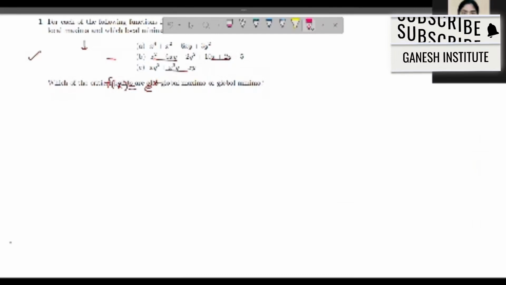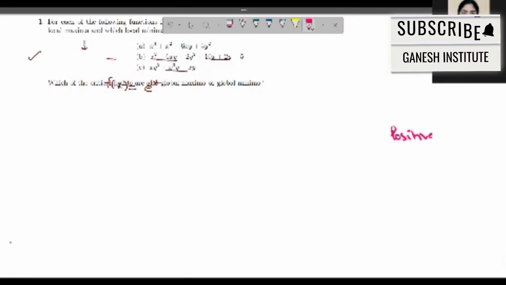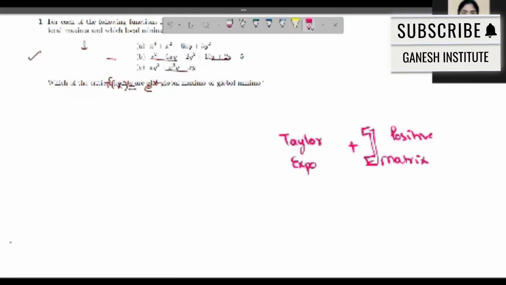We read positive definite, semi definite, indefinite, negative definite, all those concepts were related with the matrix. Now we are again moving towards these topics, but this will be an amalgamation of Taylor expansion also.